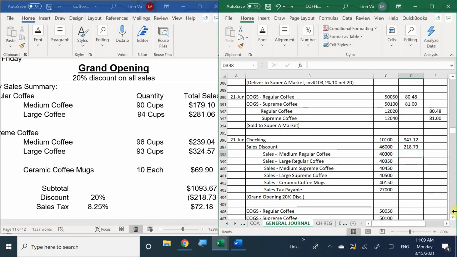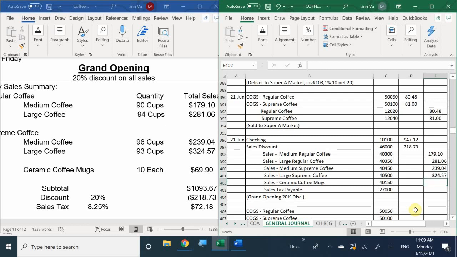218.73. Okay. All right. What about my sales for the medium regular coffee? My large regular coffee, my medium supreme coffee, and then my large supreme coffee.